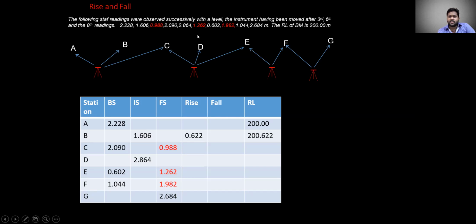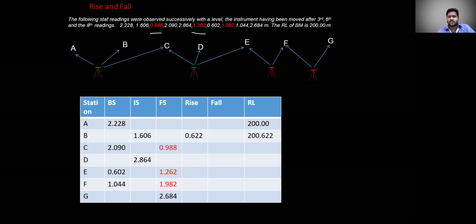The red mark indicates that the instrument has shifted. Whatever red symbol it's showing, those values indicate that the instrument is shifted. So whatever data is given to you, we know how to take the data.